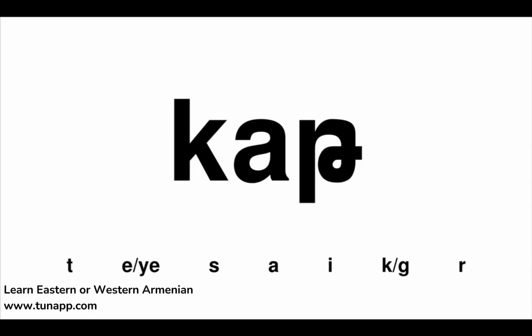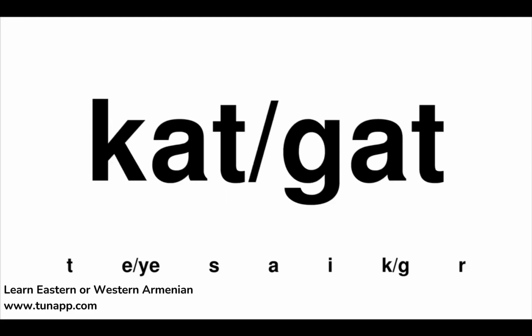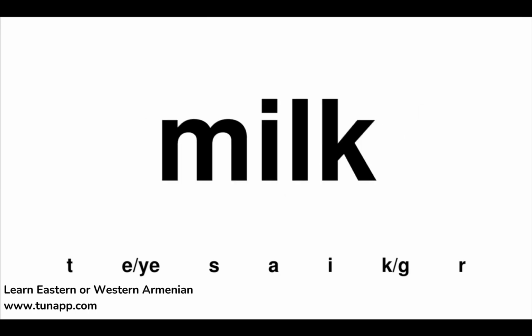That's right. And the third letter on screen? T. Kat or gat, meaning milk in Armenian. Using the letters that we've learnt today, you can now read, write, and understand the word milk in Armenian, kat or gat.